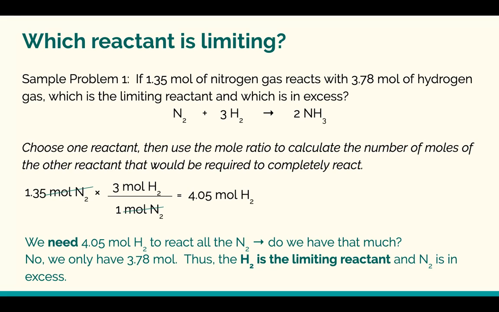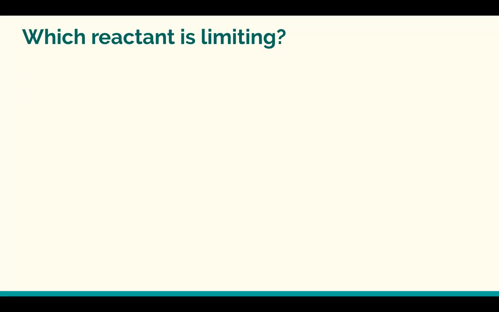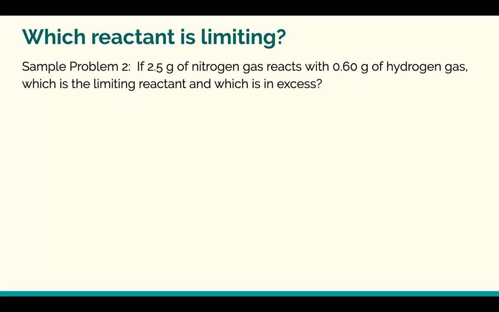So we can also solve these problems if we're given masses of the reactants. So in this sample problem, we have 2.5 grams of nitrogen gas reacting with 0.60 grams of hydrogen gas. And so again, which is the limiting reactant, which is in excess?